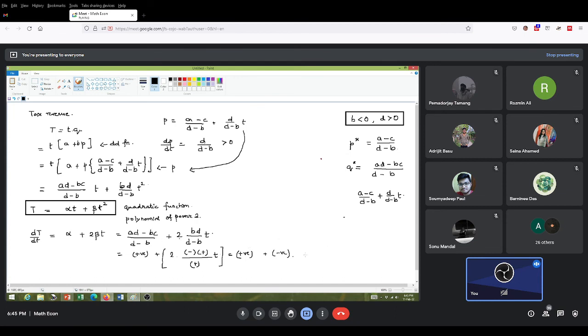So what we should do is look at it in this format. Let's combine the d minus b. What we have is ad minus bc, and this is 2bdt. This is positive, this is negative. Okay, so now it becomes slightly easier. ad minus bc is greater than 2bdt.